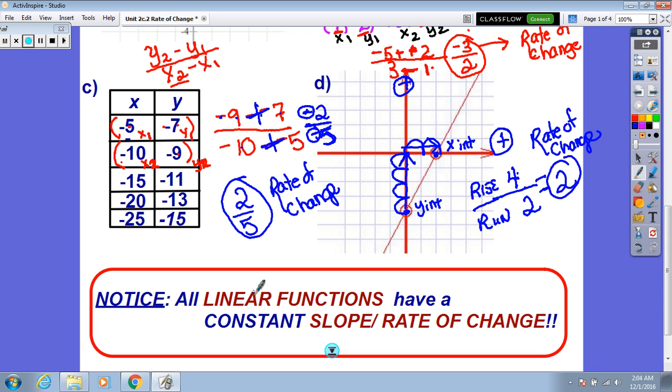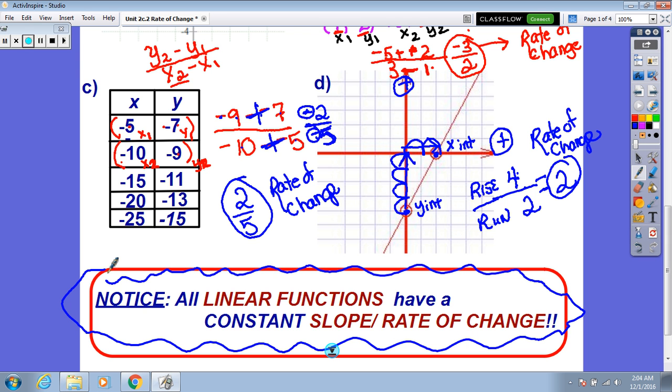All right, so notice all linear functions have a constant rate of change. And remember, constant just means that it is the same. If it's not the same, it is not a linear function. Okay, so that leads me to the second page of my notes.